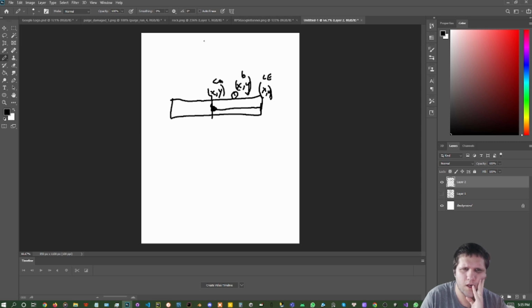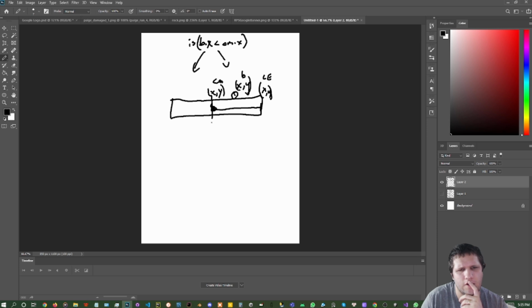Then perhaps we say something like, is B dot x less than CM dot x? And if it is, we know it's on the left side. Otherwise, we know it's on the right side. Okay? And then what?